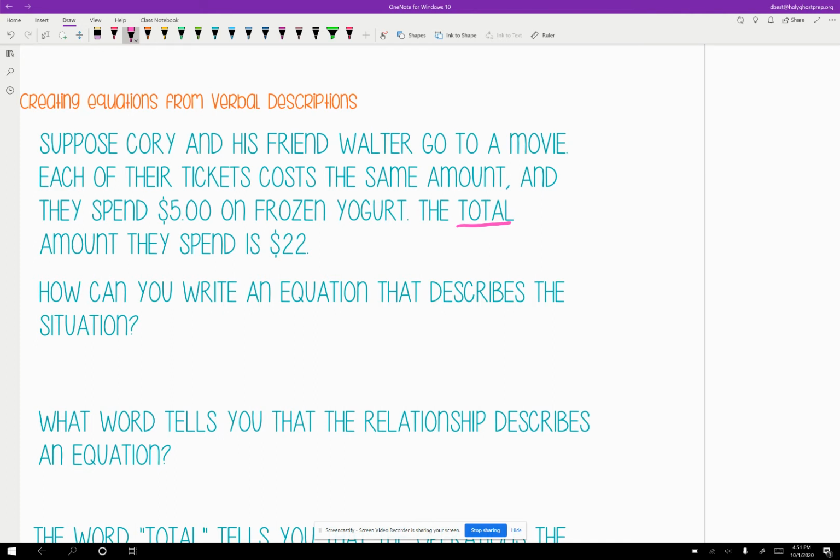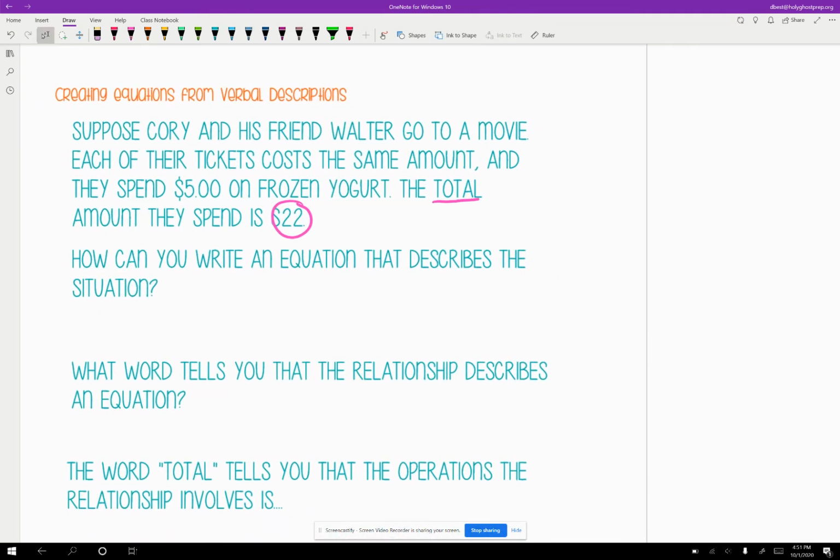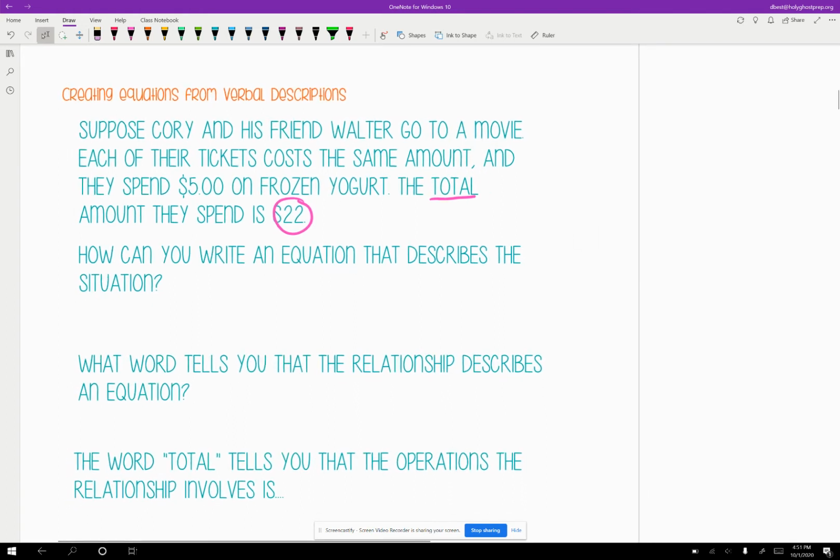The word total gives it away that we are going to combine everything we spent at the movies, and we can set it equal to that total of $22. So the word total tells you that not only is it an equation, but also what operation do you use when you are finding the total of something.